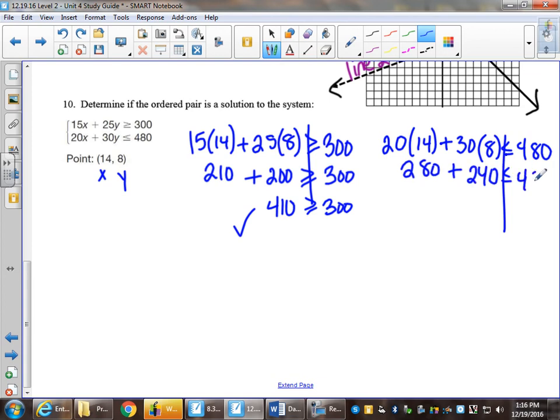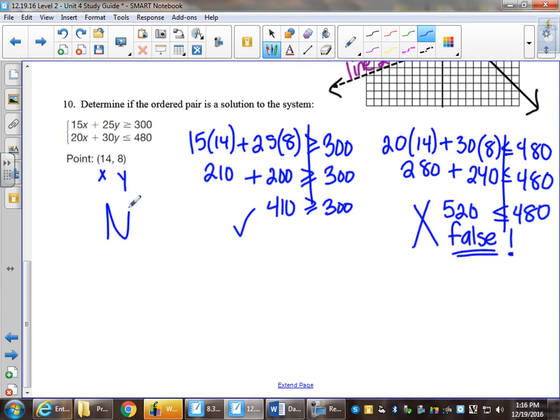The less than or equal to 480 stays. 280 plus 240, we get 520. Is 520 less than or equal to 480? No. False. So because this one comes out false, the answer is no. They both have to come out true for it to be a solution.